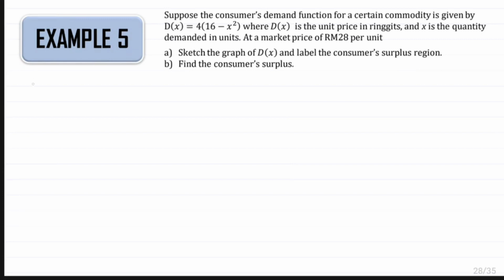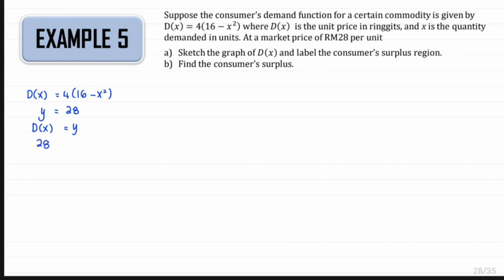We have the function D(x) equals 4 times (16 minus x squared). And we have market price RM28. Market price refers to y. Y is RM28. Okay, we need to find the value for x. X is quantity. So to find x, D(x) is the same as y.